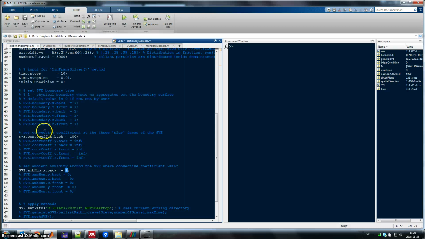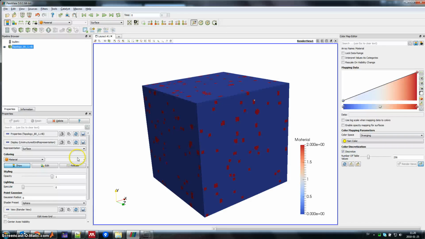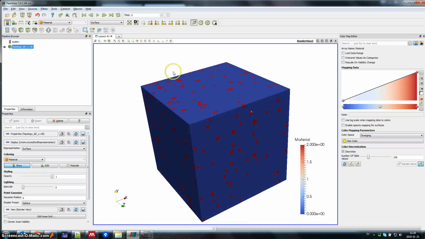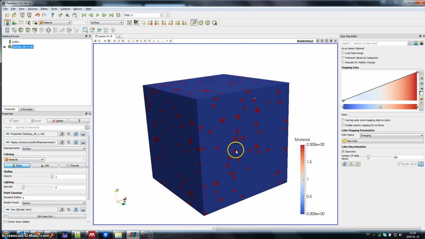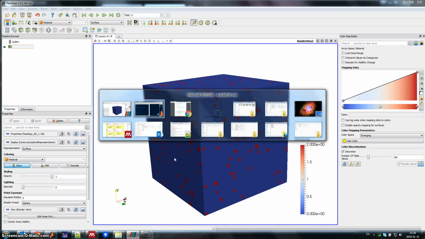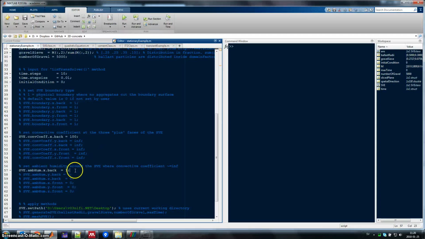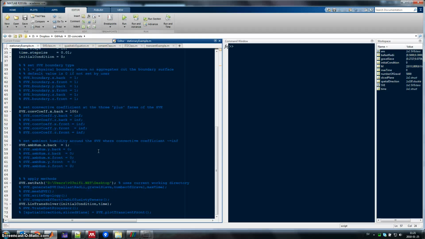And the remaining ones are just not included, and what that means is that the model will treat the remaining surfaces as insulated, so there will be no flux taking place around any of these surfaces except this one. Okay, so this is in principle how you need to set this up in order to be able to run this method.